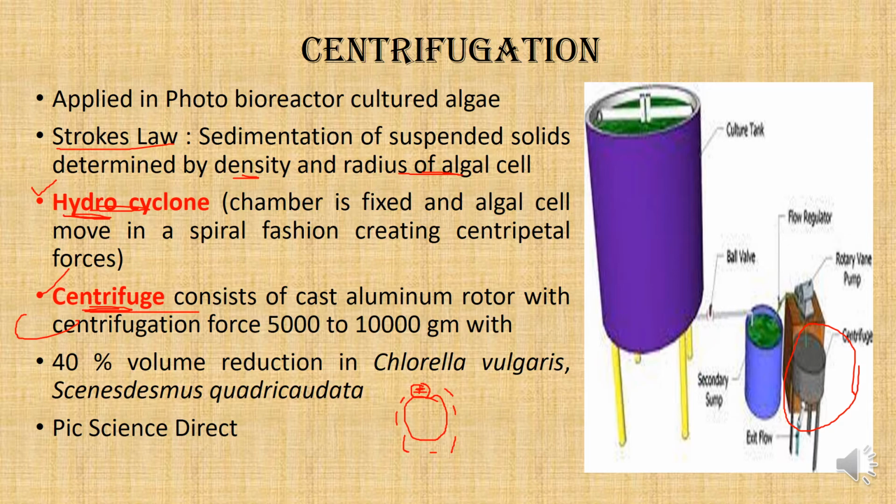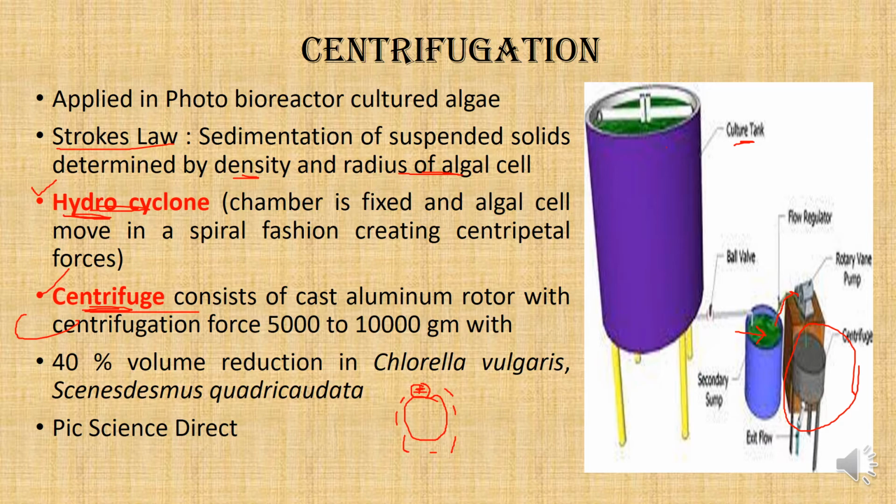So for this reason, centrifugation is done, where centripetal forces act on the algal cell. And here we see in this diagram, this is the culture tank for algae, and from that a small amount of algal culture is accumulated here in a very controlled way.